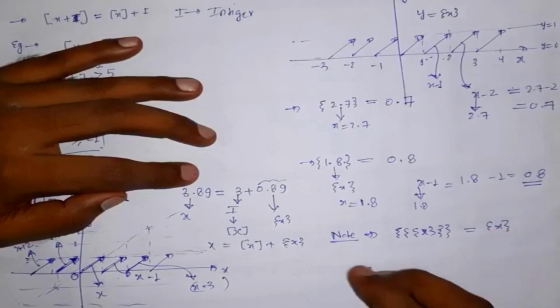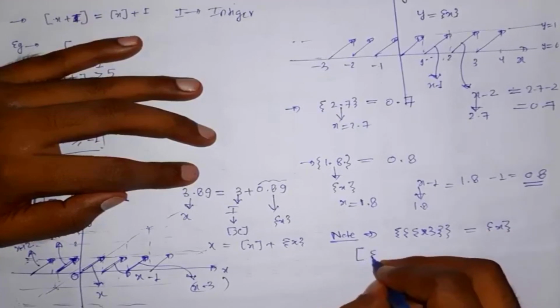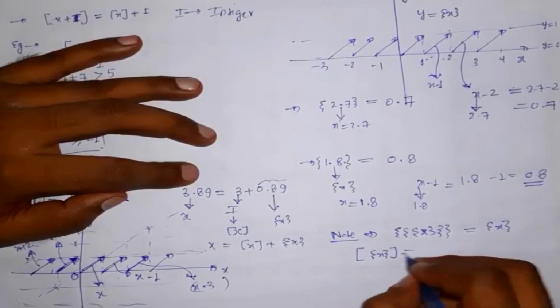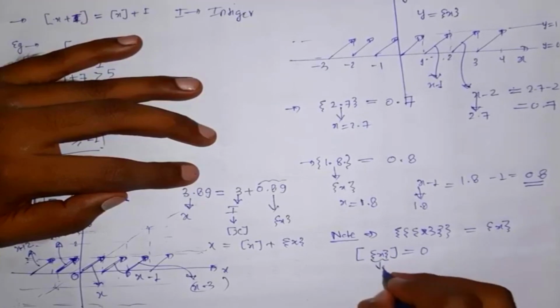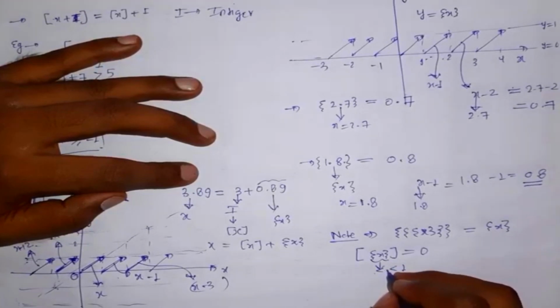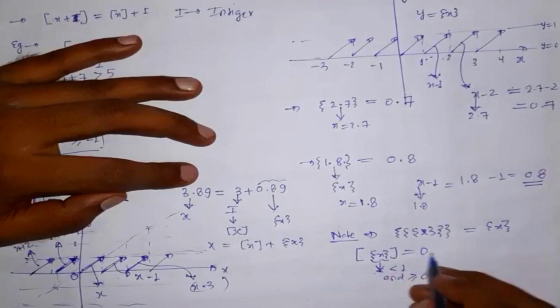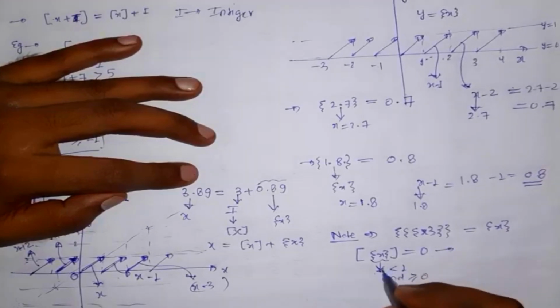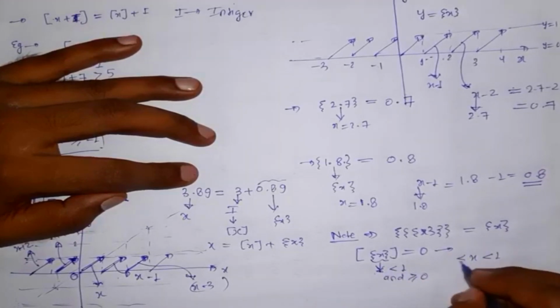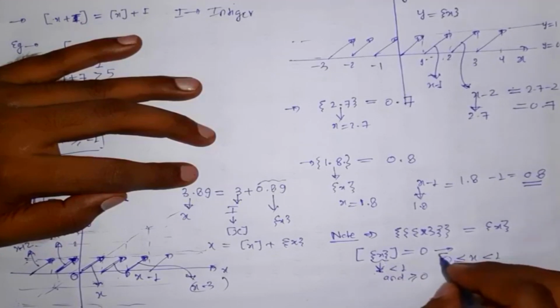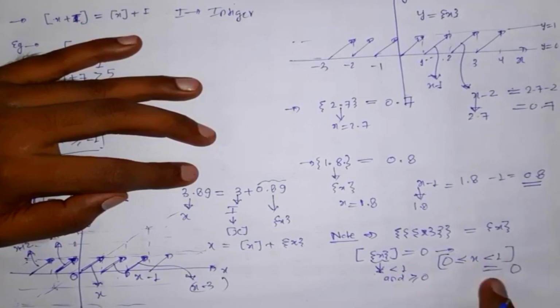And the integral part of the fractional part of x will be 0, because it is less than 1 and greater than or equal to 0. If x belongs to the range greater than or equal to 0 and less than 1, the integral part of x will be 0, as we can find from the graph of y equals the integral part of x.